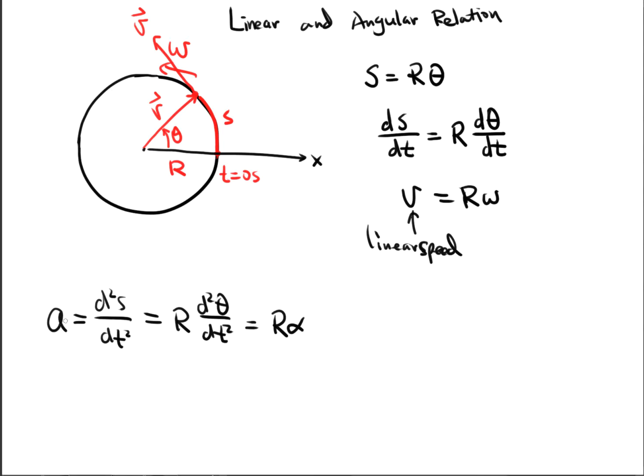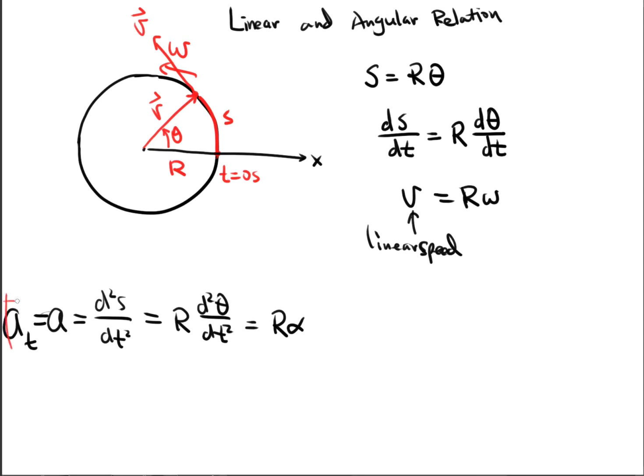But now this a, what does that stand for? Because for an object doing circular motion, it can have radial acceleration. It can also have tangential acceleration if the circular motion is non-uniform. And in this case, this a actually corresponds to a tangential.